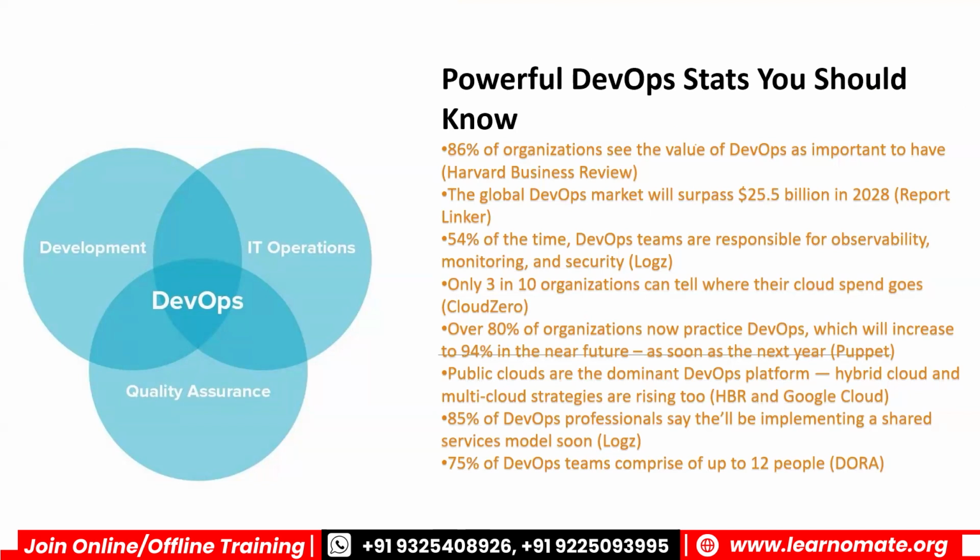A few of the stats I want to share when it comes to usage of DevOps. DevOps as a global market is a widely huge market, expected to be close to around 25 billion in 2028.